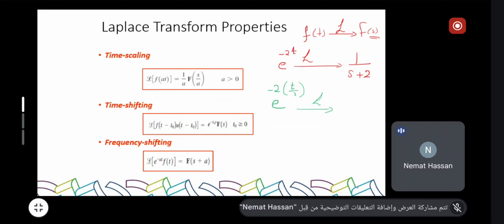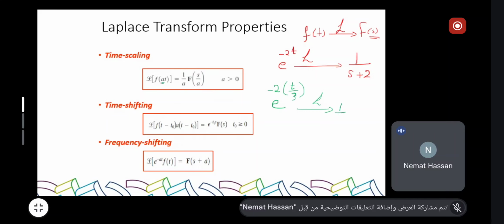All you have to do is first evaluate what the factor is. What is the time multiplied by? 1 over 3, right? So this a here is equivalent to 1 over 3.